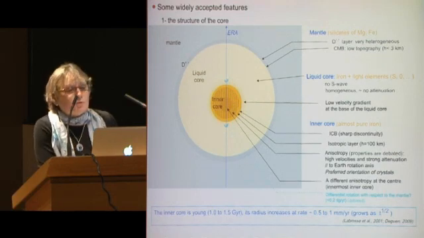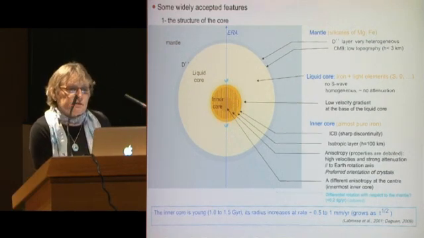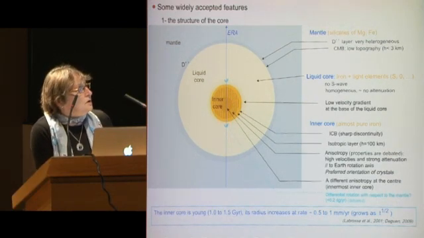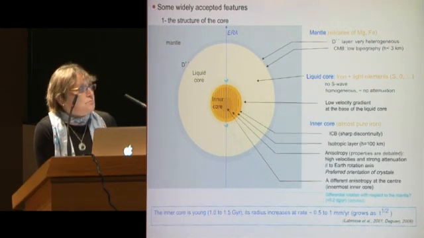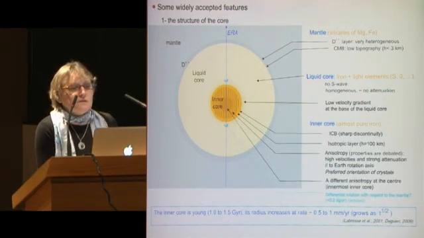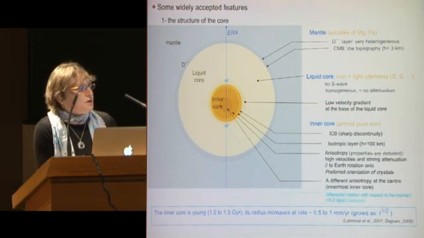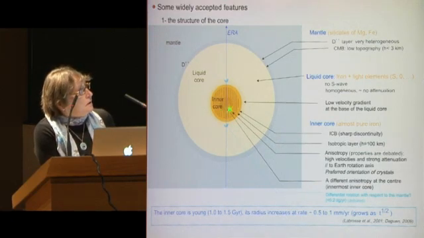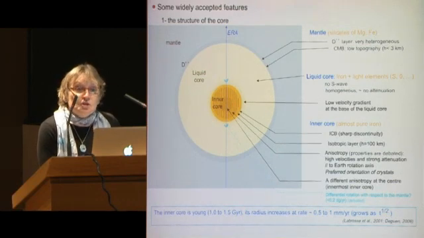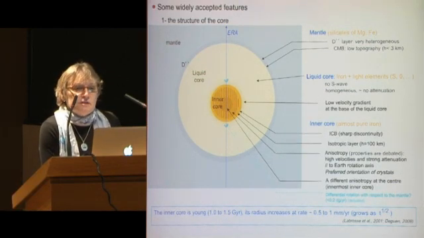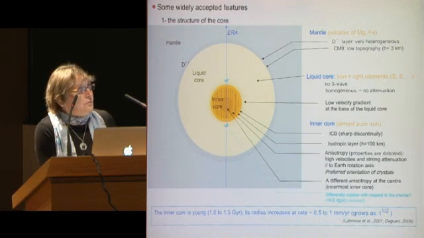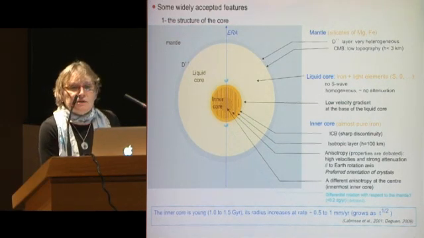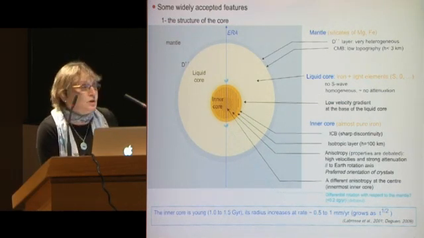The properties of this anisotropy are still debated, but it is generally accepted that more or less the high velocities and strong attenuation are parallel to Earth's rotation axis. And then at the center of the inner core is what we call the innermost inner core, where, well, at least we know that the anisotropy is different from the rest of the inner core.